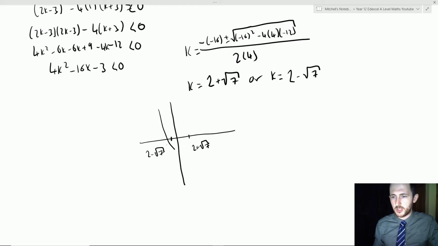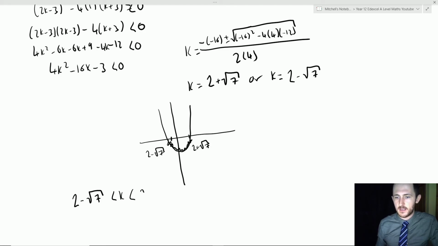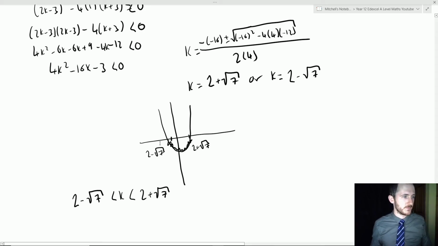And we have a U shape. Perfect. We're looking for the numbers under the graph because it's less than 0. So that happens between the values of 2 minus root 7, less than k, less than 2 plus root 7. Okay. Not bad. Not bad at all.